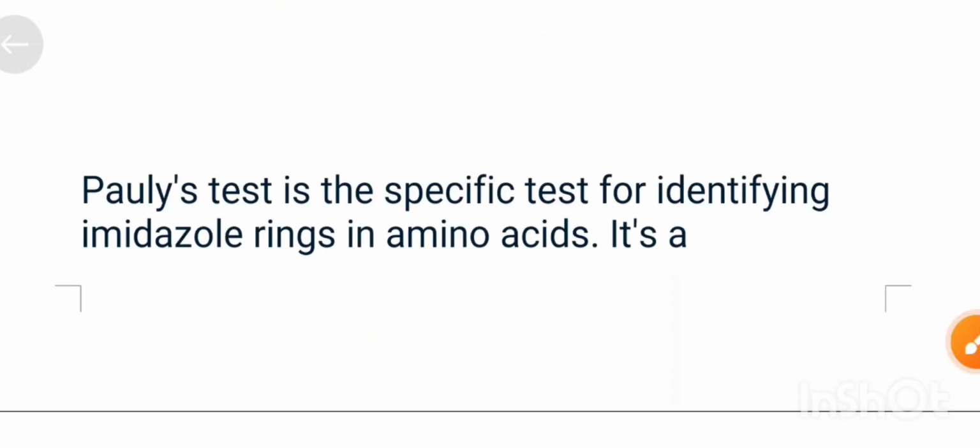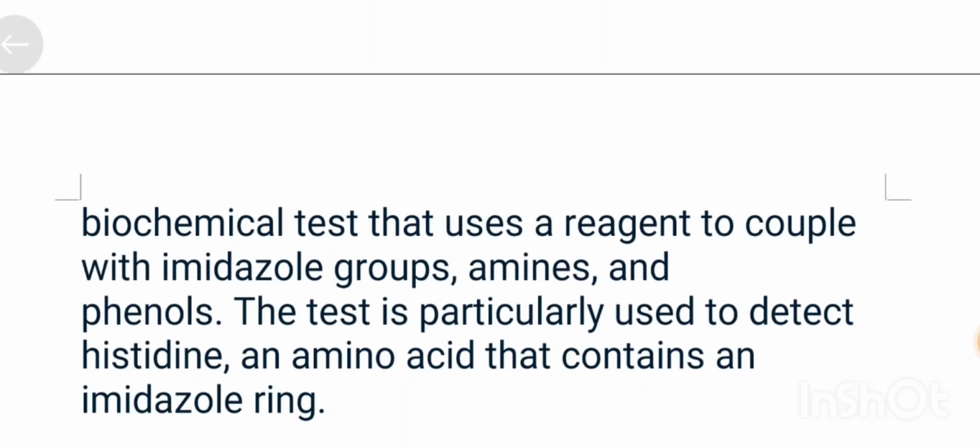It is a specific test for identification of the imidazole ring in amino acids. It uses a reagent that couples with imidazole groups, amines and phenols, and is particularly used to detect histidine and amino acids that contain an imidazole ring.